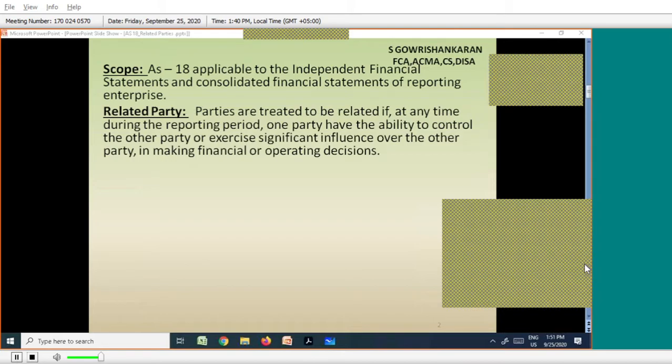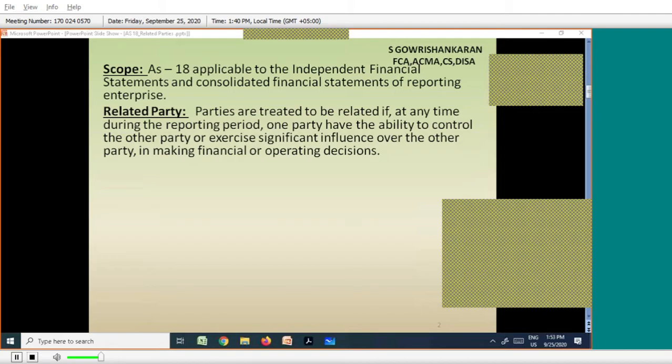Control can have many meanings. Even politicians or goons can control a particular unit. Likewise, you cannot fully define control; it is an unlimited thing. But as per AS 18, there is a specific definition of control, and that only we have to discuss.